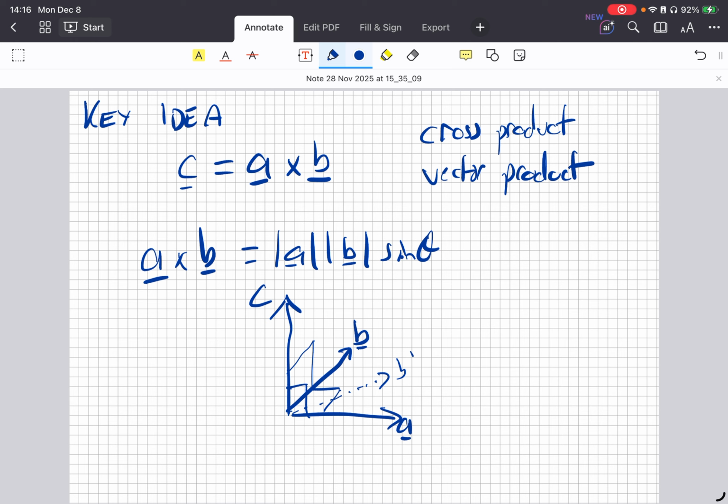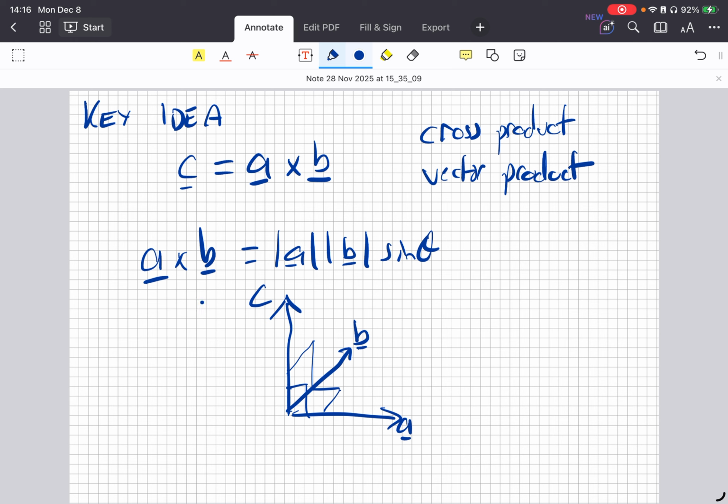So how can we get some intuition about this vector? Well, if we take the simple case that A and B are orthogonal to each other to begin with, that means the angle between them, this theta here, is 90, and sine of 90 is just equal to 1.